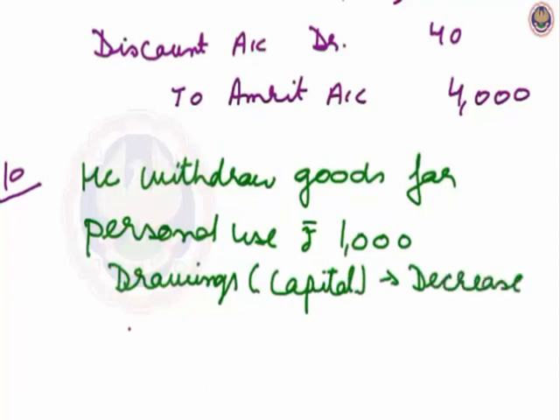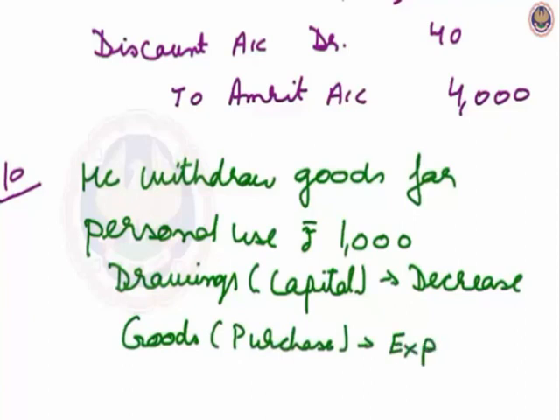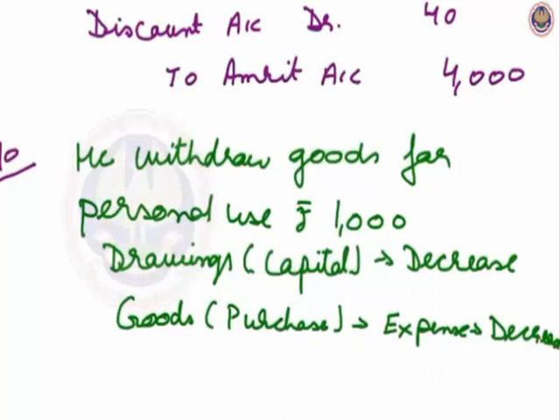The other is goods. So whenever there is outflow of goods, we always use the term purchases. So the other account is goods, but when we have purchased the goods, we use the term purchases, and it is an expense for the business, and our expense also decreases. So when goods are withdrawn, capital is also reduced.